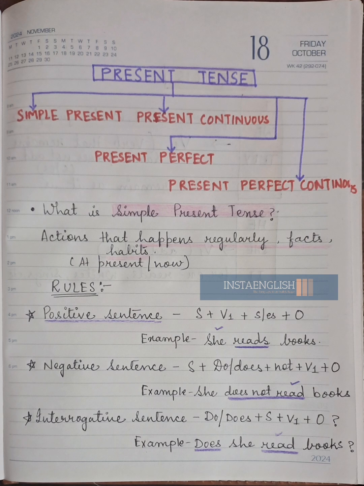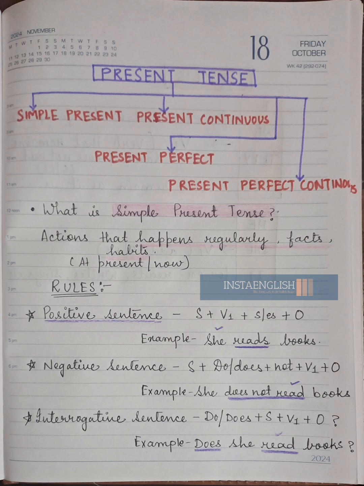Next comes the negative sentence. Same, the rule is subject plus do or does, according to the subject we will take it, plus not plus verb and object. So do and does come according to the subject, that I will explain to you next. She does not read books.